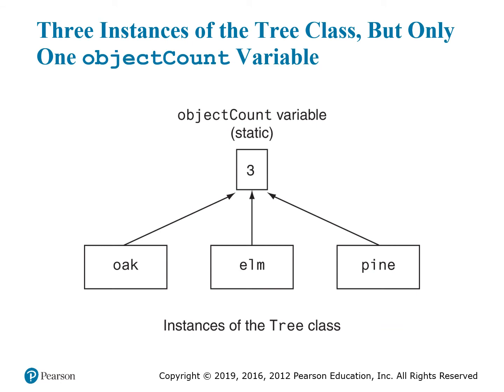All 3 of these instances, the oak instance, the elm instance, and the pine instance, all point to this one static variable that belongs to the Tree class.